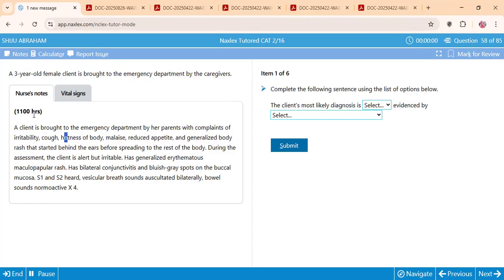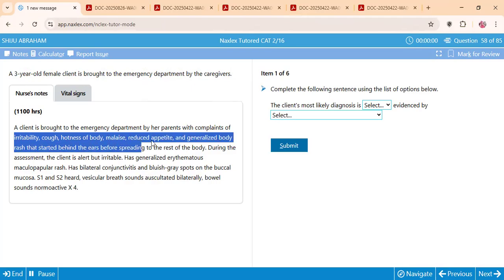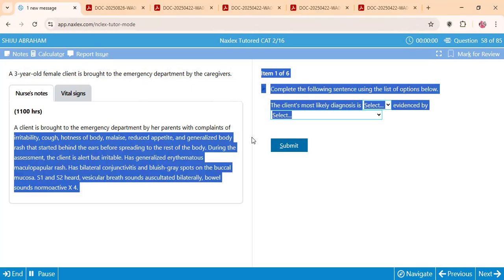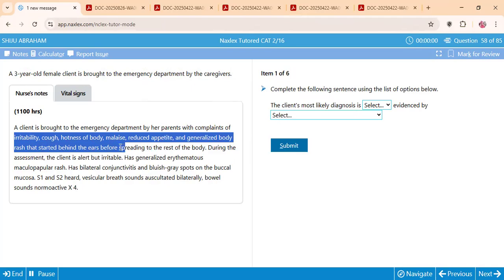A client is brought to the emergency department by her parents. What are the complaints? Irritability, cough, hotness of body, malaise, reduced appetite, and a generalized body rash that started behind the ears before spreading to the rest of the body.